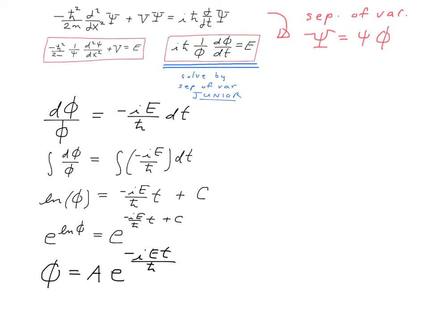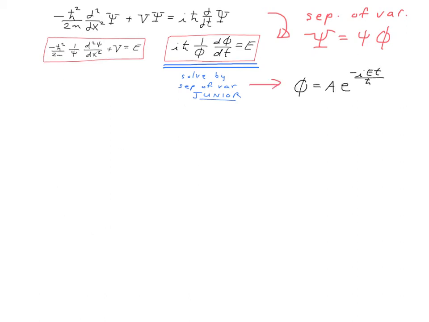So now we've actually solved the time part of this original Schrodinger equation, and we were able to do that without really assuming anything about the physical problem. So this gives us information about how the time part of these product solutions evolves.